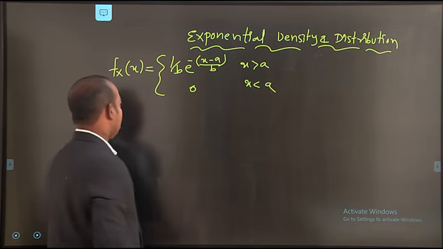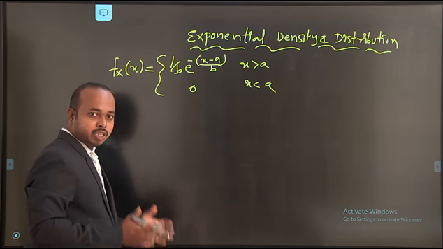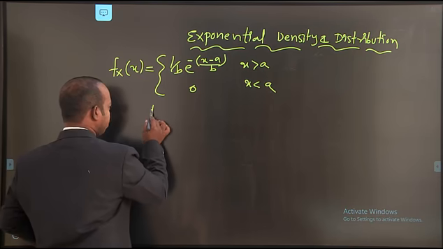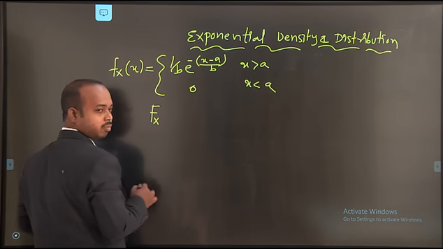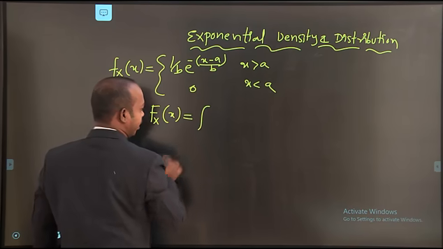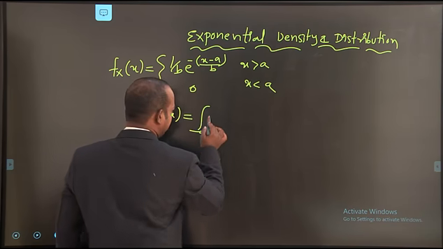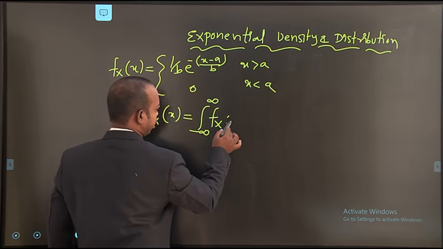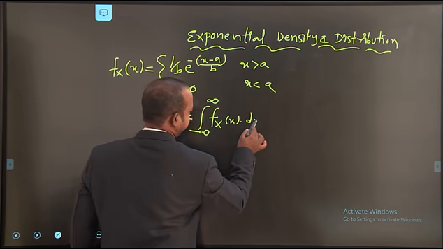Already we know the relation between the density function and distribution function. The relation is F_X(x) is equal to the integral, from the lower limit to the higher limit, of f_X(x) dx.